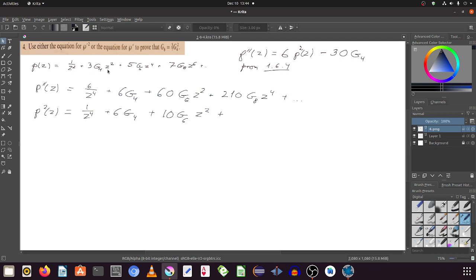We'll get one from this one squared, that term squared, and the double product of this with this. That's 14 g8, and we can verify that the height or dimension of these terms is 8, so it's 4, 6, 8.